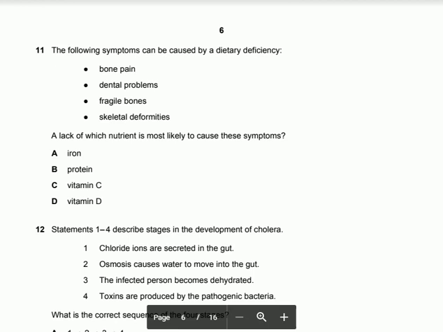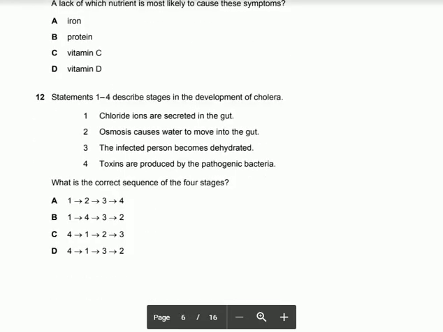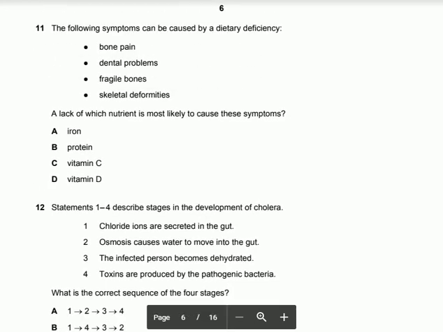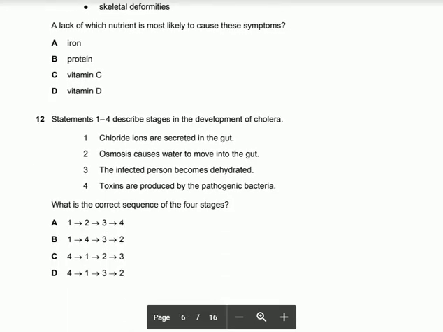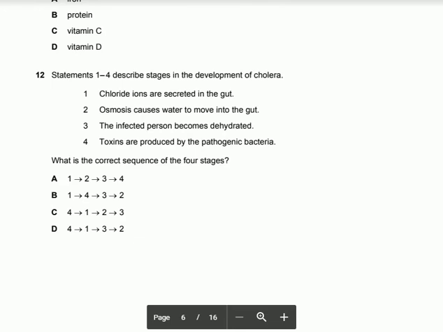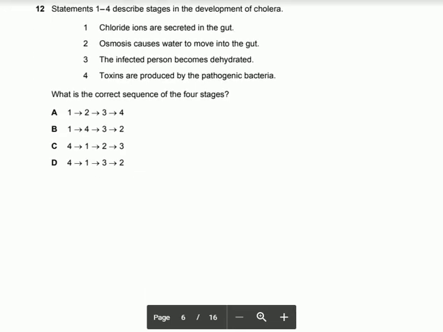It's not iron. It's protein or vitamin D. I think I'm going with vitamin D. So let's just take D as vitamin D. We'll come back while checking. Okay guys, I'll discuss with you what possibilities the answers could lie in.